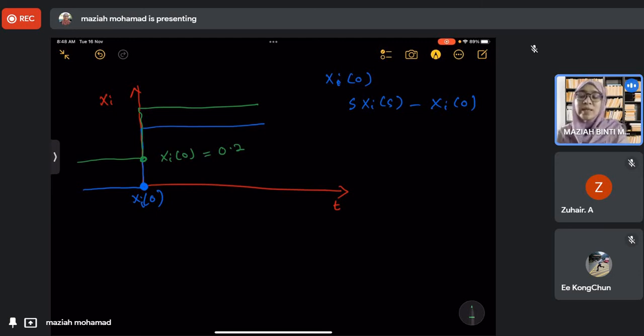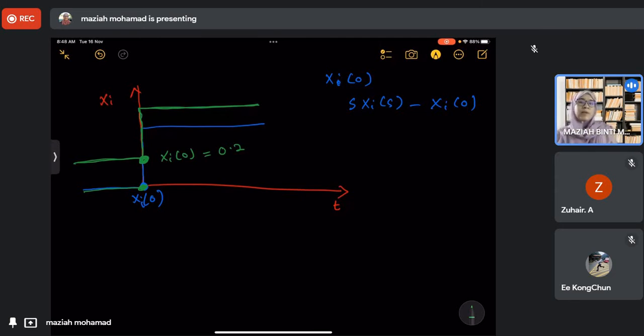This is the initial condition if the step input is like this, meaning it starts with some initial value. For a unit step input, normally it starts with 0 unless it tells you. If it does not tell you anything, we're going to consider that the initial condition is 0, meaning any initial condition, whether for output or input, must be equal to 0.